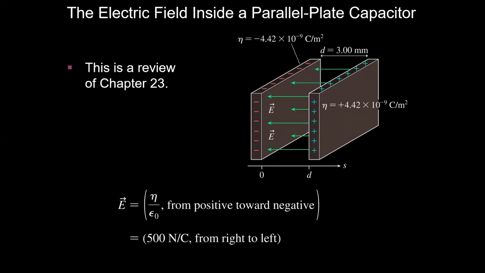So a quick review from chapter 23. This is the formula for the electric field of a parallel plate capacitor. It depends on the charge of the plates and the area of the plates, and the electric field is a vector between positive and negative, always pointing from positive to negative. This is your analogy of infinite flat Earth.